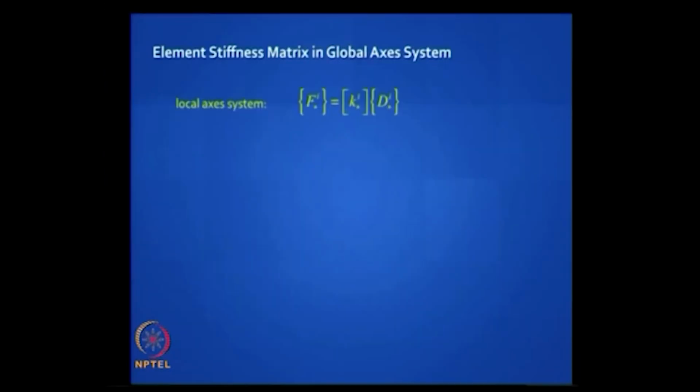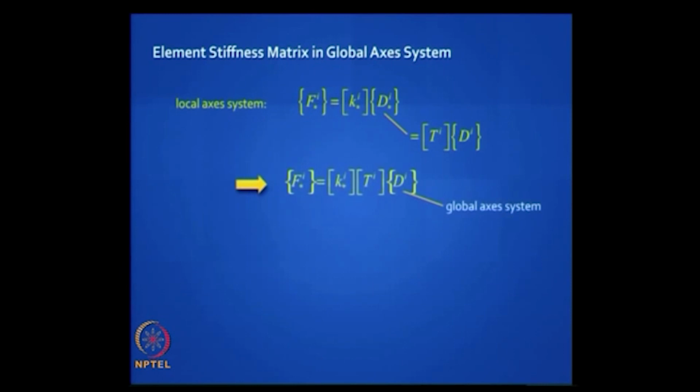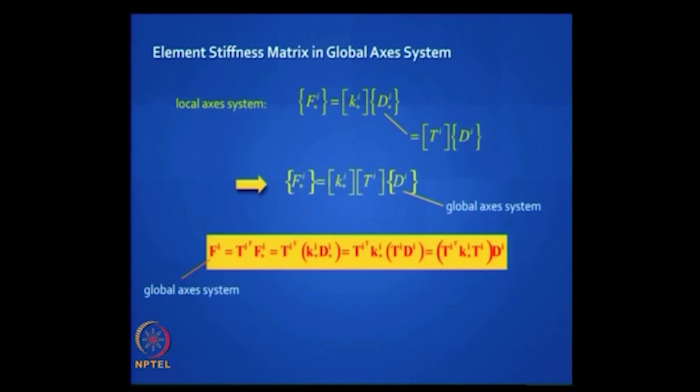So in the local axis system this is what I have got, I have got Ki star. What I want is this. So you see how I am getting to do it. This di star can be written as Ti di, got it, right?